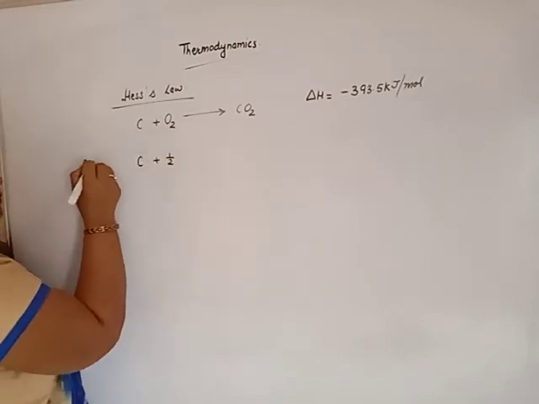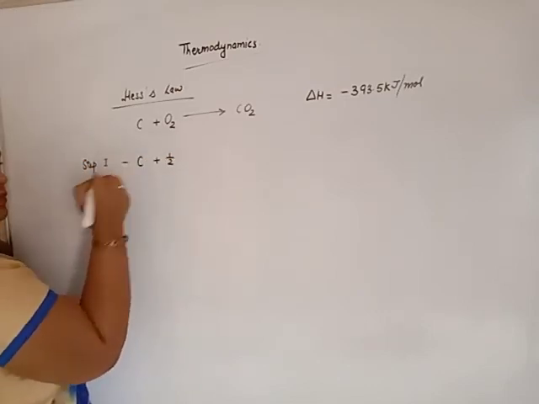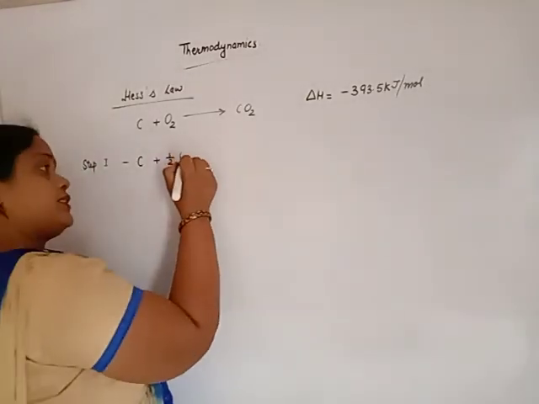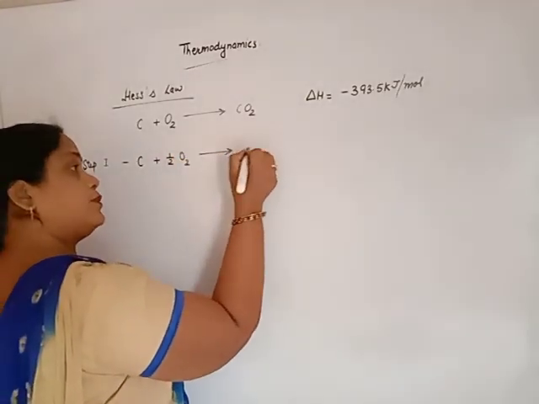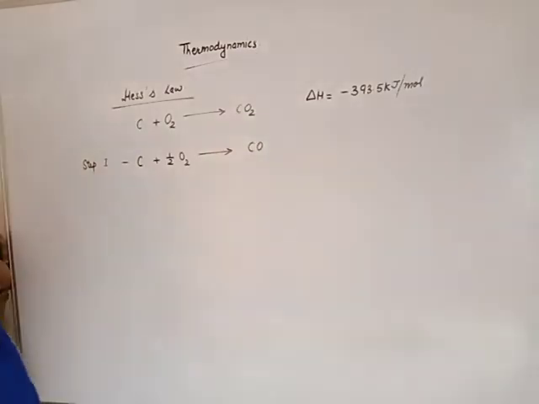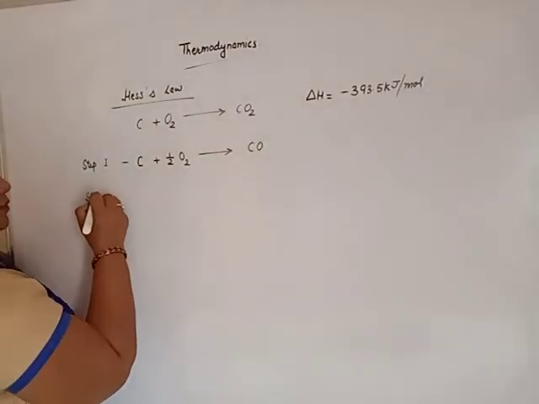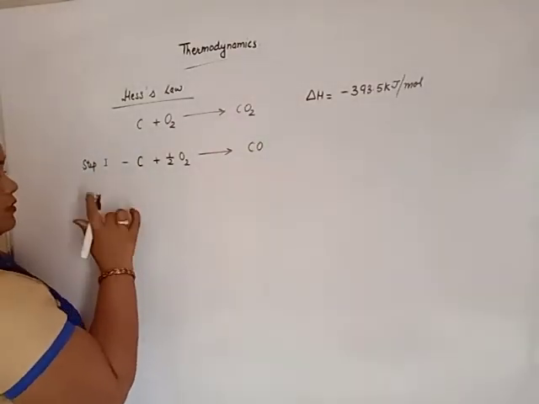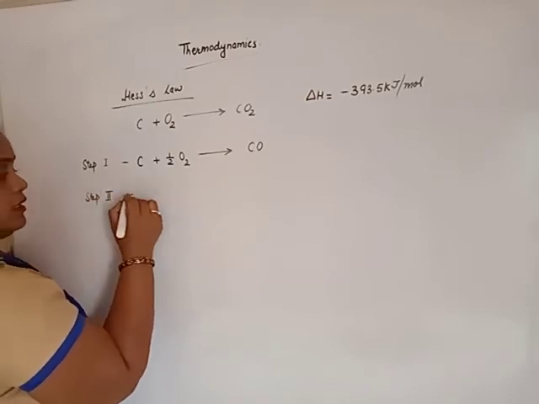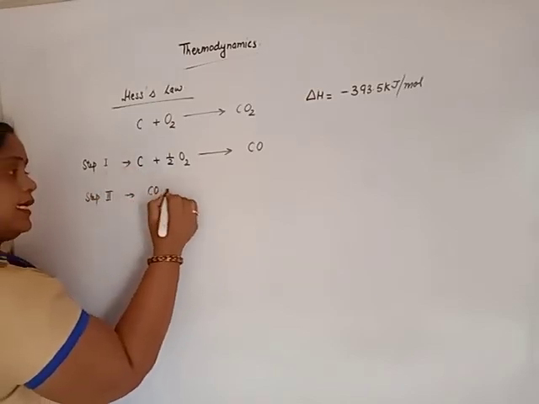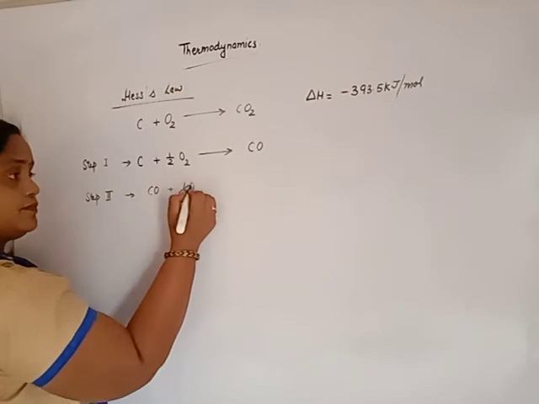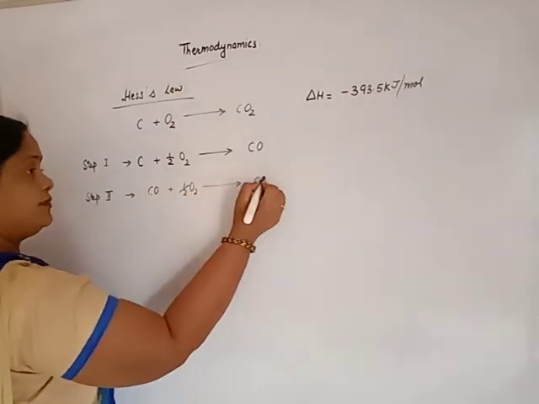Step 1: carbon is oxidized to carbon monoxide. Step 2: carbon monoxide is again oxidized to give carbon dioxide.